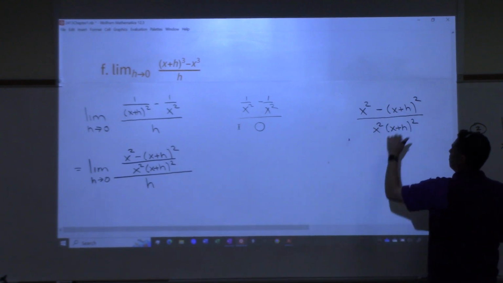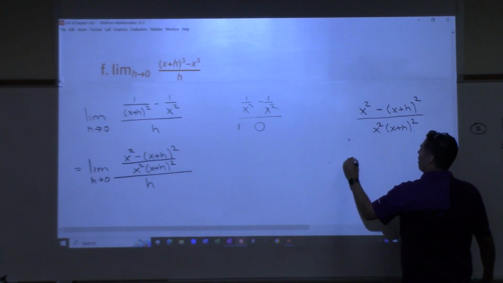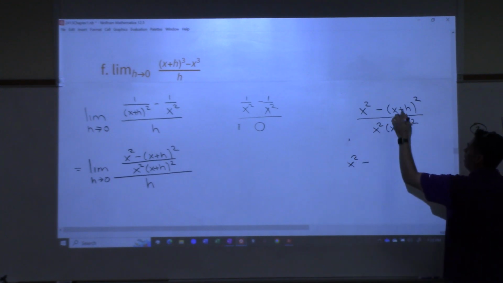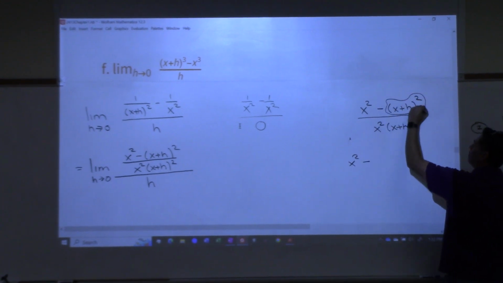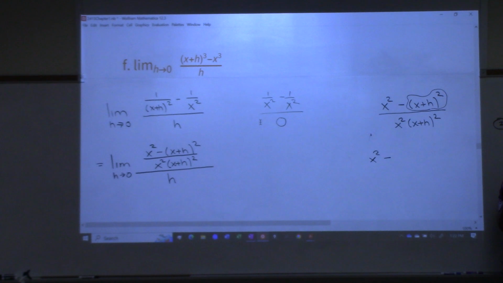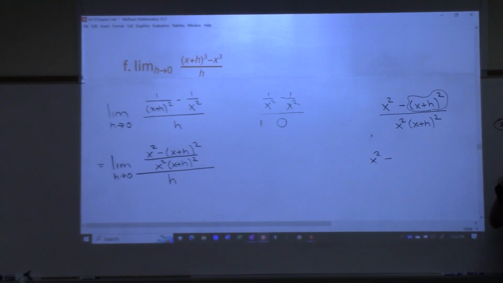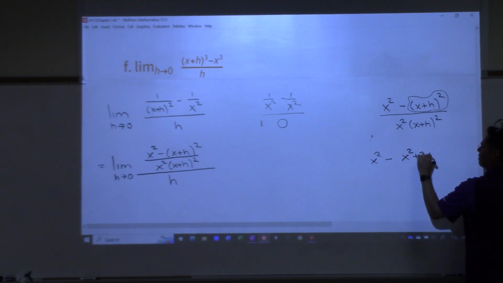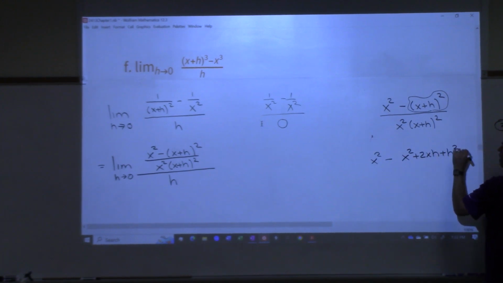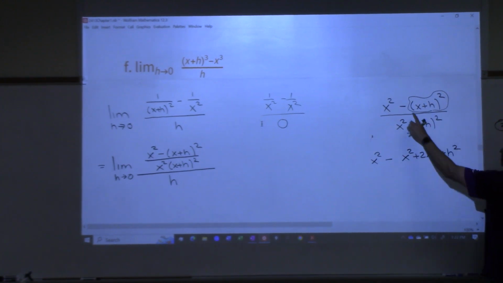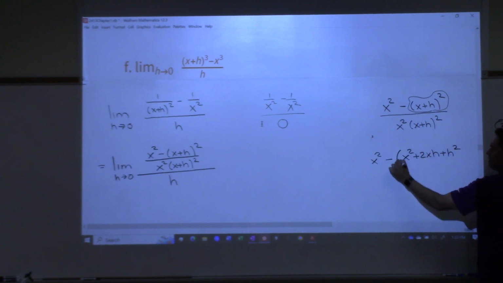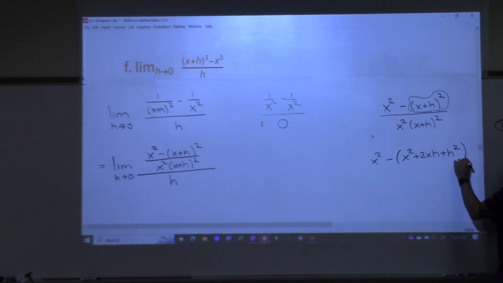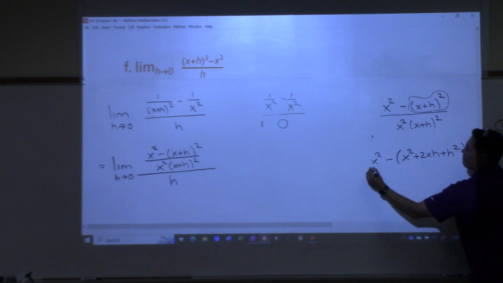So if I were to continue with this, it would be x squared minus, now this you have to do, multiply that out, x plus h times itself. FOIL, combine like terms. If you do that, you'll get x squared plus 2xh plus h squared. I'm not showing that work, but you're subtracting it, which means you have to have parentheses around it so that the negative will distribute through.